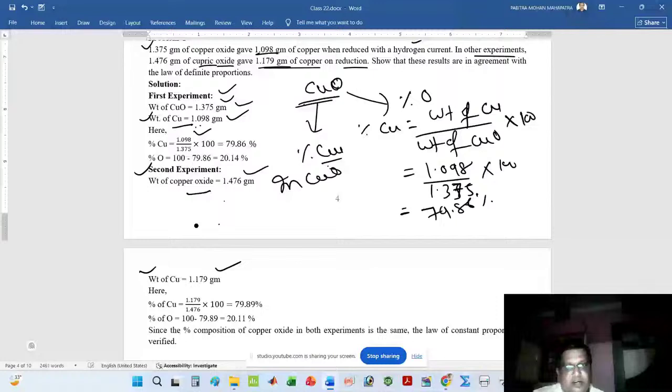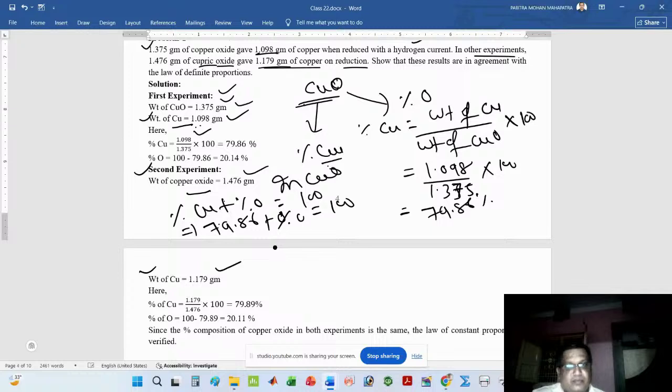If the percentage of copper is known, you are able to find the percentage of oxygen, yes or no? That means percentage of oxygen is equal to 100 minus 79.86. Look at that. Here I have written percentage of copper is 79.86. Percentage of oxygen is how much?